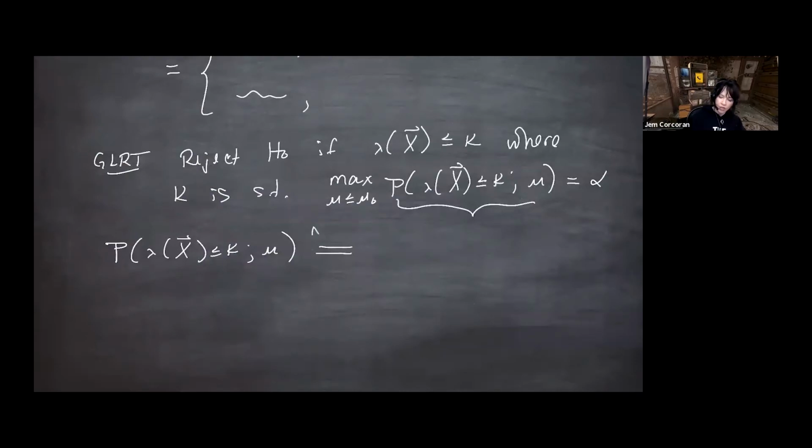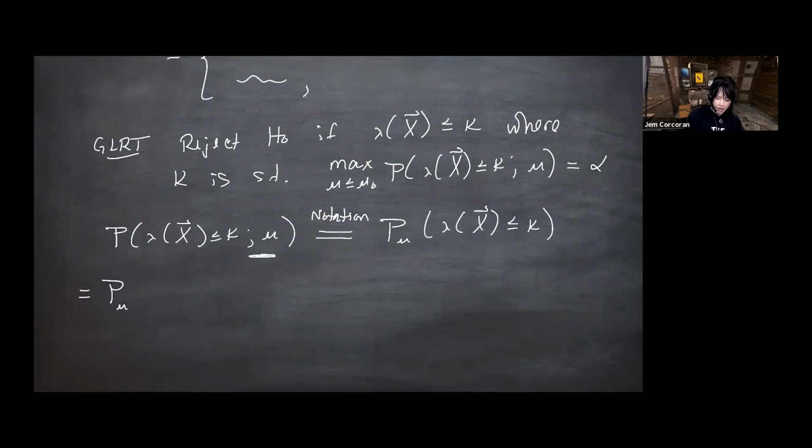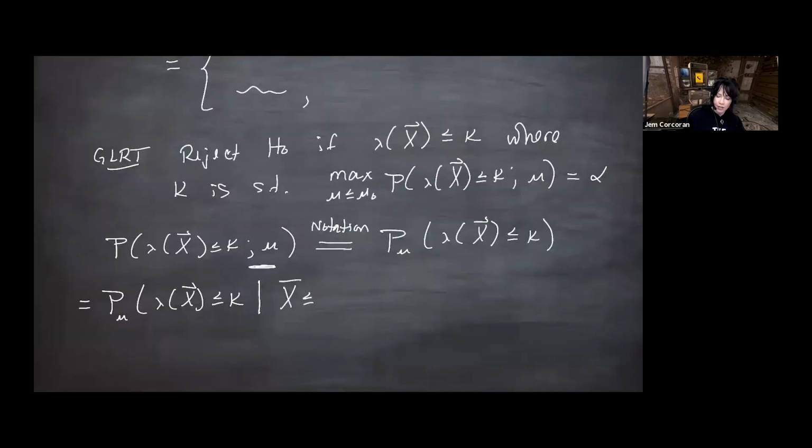So I'm just going to change this notation and write P sub mu to mean the same thing: the probability that lambda of the sample is less than or equal to k when the parameter is mu. So this is going to be the probability when mu is the parameter that lambda of the vector x is less than or equal to k, given that x bar is less than or equal to mu naught, times the probability.